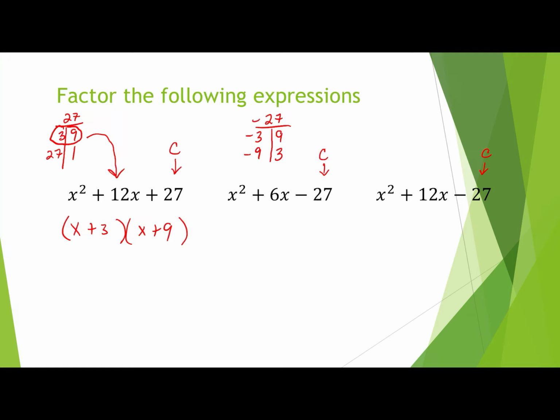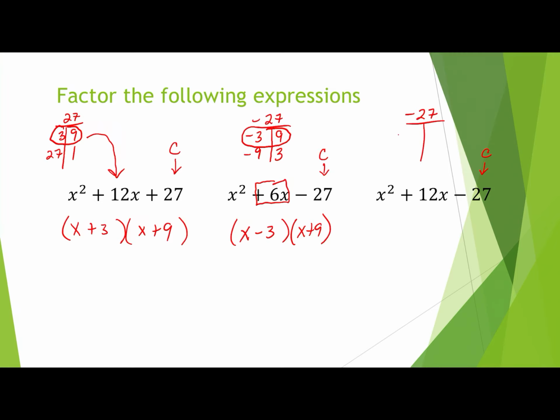It does matter because we're looking for which one adds up to a positive 6x or positive 6. In that case, this combination is going to give it. So x minus 3 and x plus 9. Those are going to be my factors. And I'm done.